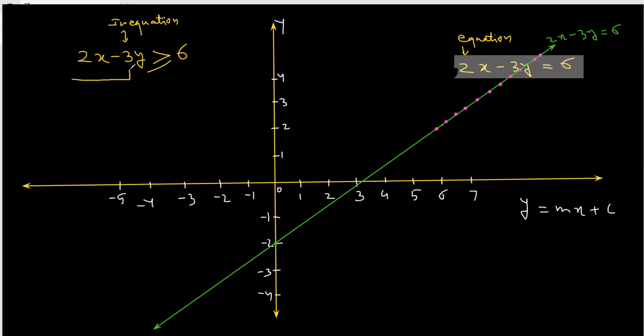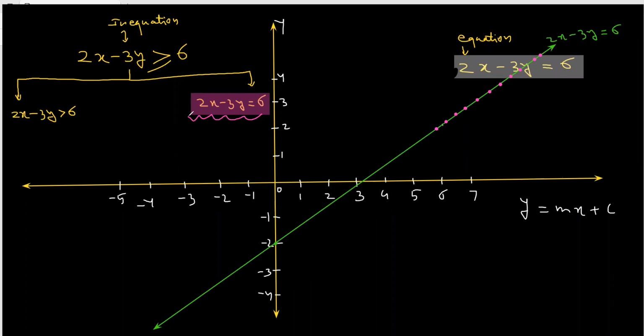Now in this inequation, you have two disjoint sets. One is 2x minus 3y greater than 6, and the other is 2x minus 3y equal to 6. You already know this one represents the set of points on the line, because it's a linear equation.